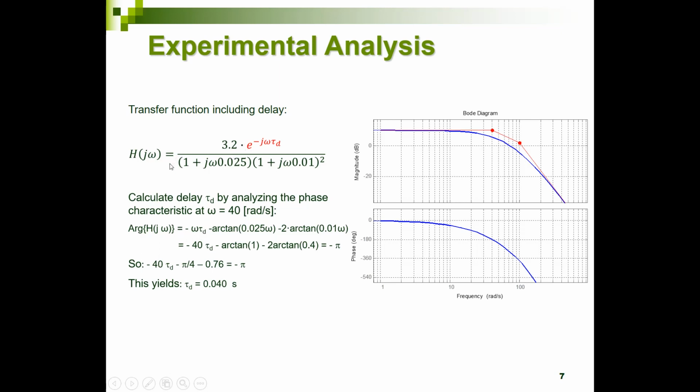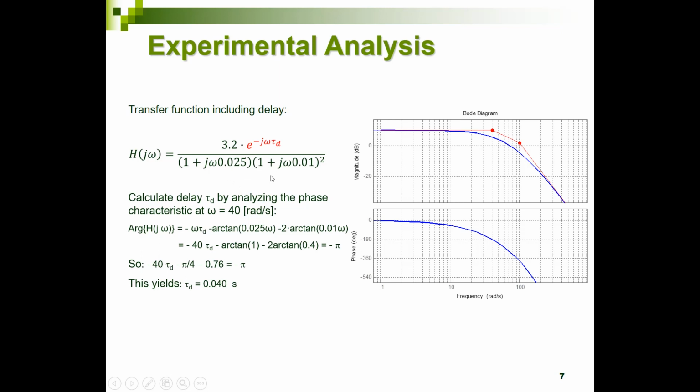Now we have to subtract the phase of the denominator. That's the phase of this part and the phase of that part, and the whole should be subtracted from the phase of the numerator. The phase of this part can be calculated as the arctangent of the imaginary part, omega times 0.025, divided by the real part 1. So it's minus the arctangent of 0.025 times omega.